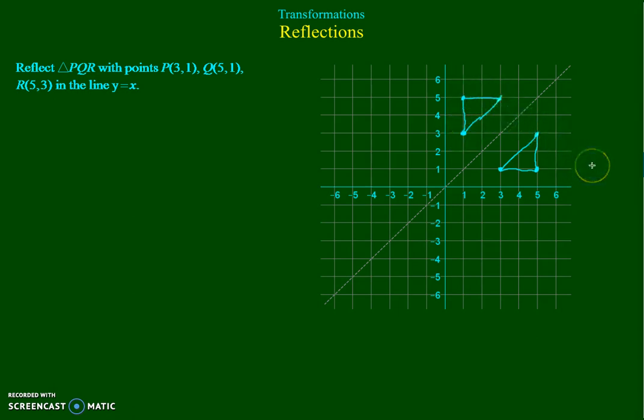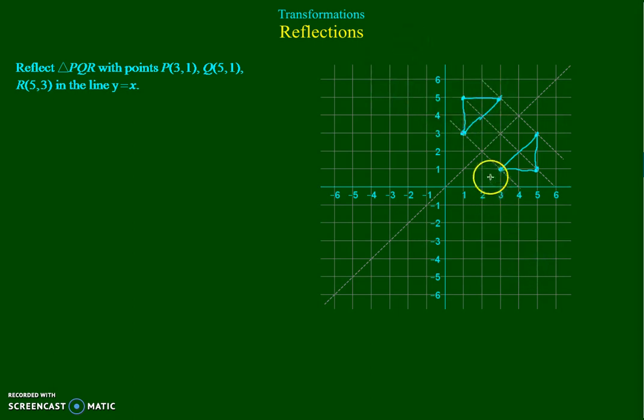And just for kicks, let's put in the perpendiculars here. And we can see that this point, in fact, moved along a line perpendicular to the line of reflection. So did this one, and so did this one. So we've done what we accomplished. Now let's put in our coordinates here and see what we've got.